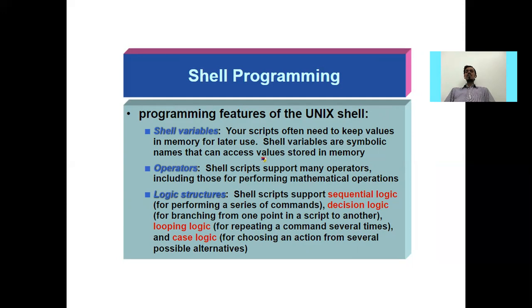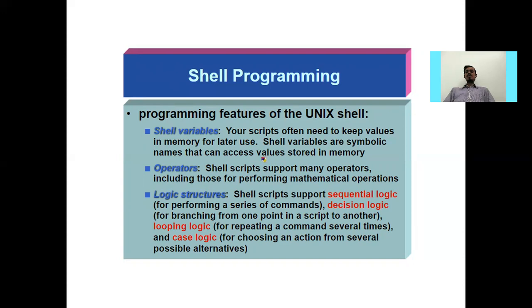Looping logic is used for repeating a command several times, like for loops, while loops, do while loops, and for each loops. These are the looping logic used in shell programming. And case logic is for choosing an action from several possible alternatives, like case 1, case 2, case 3, and other cases.